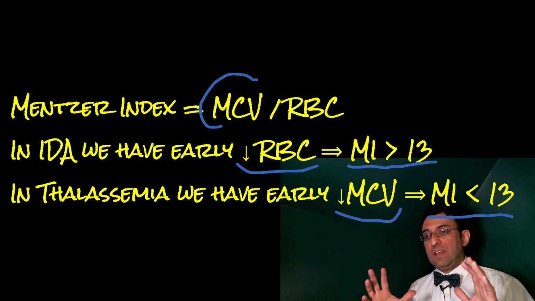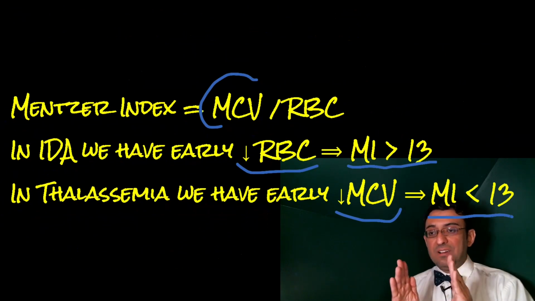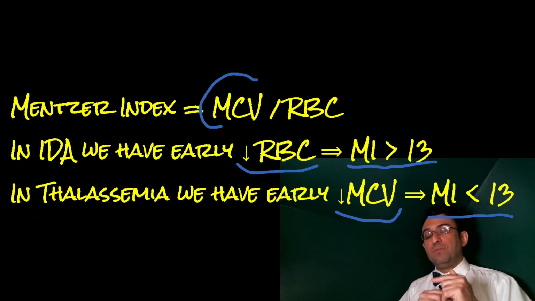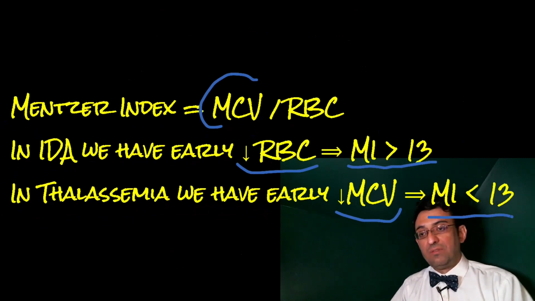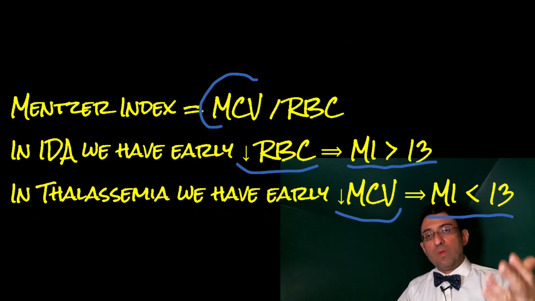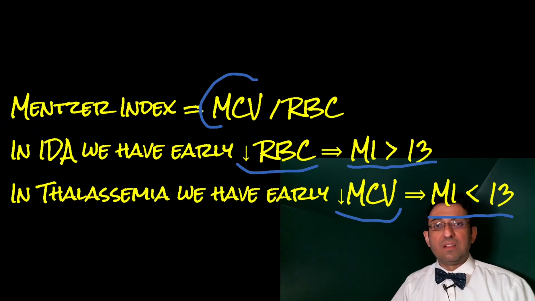So this is another way to say red cell distribution width is narrow and MCV change is more striking and happens earlier. This is a very important clinical index that helps differentiate thalassemias from iron deficiency anemia, though we have other means to differentiate them that we will discuss in the thalassemia episode.